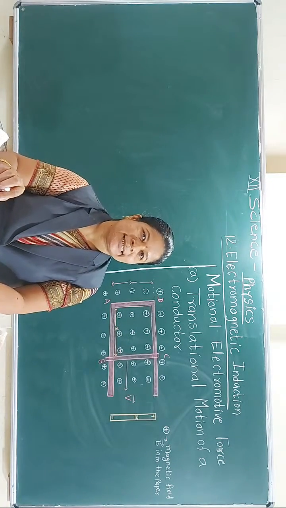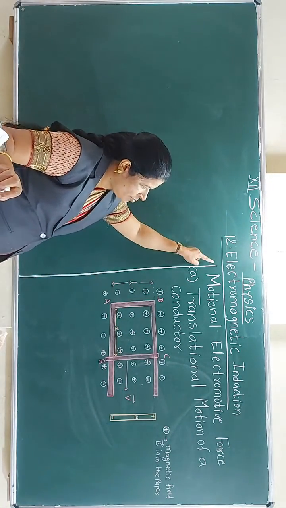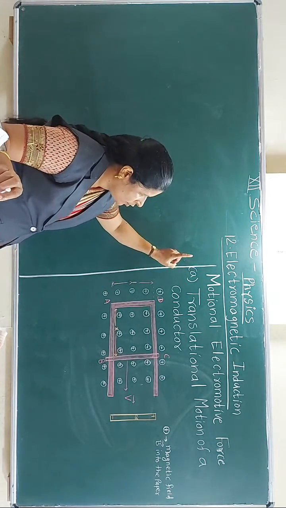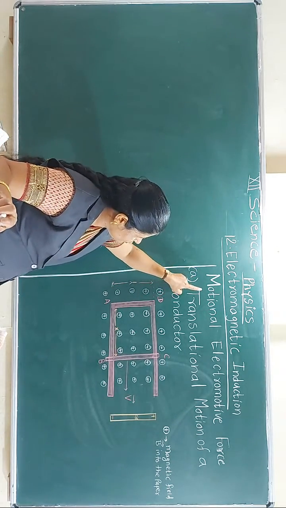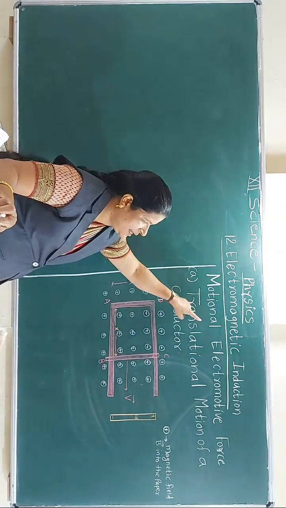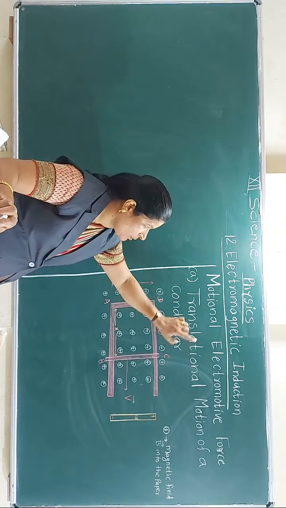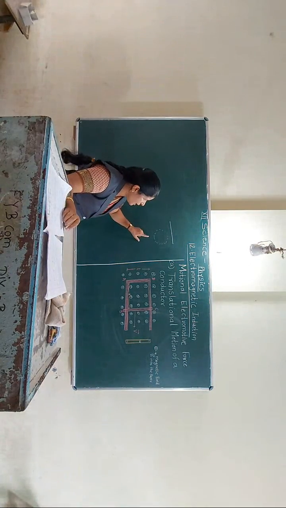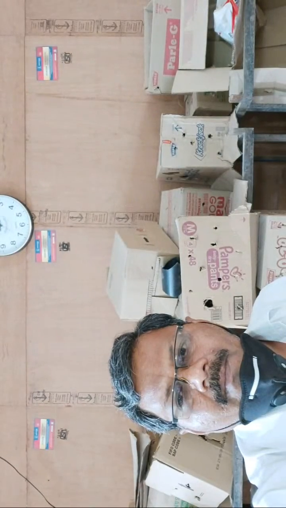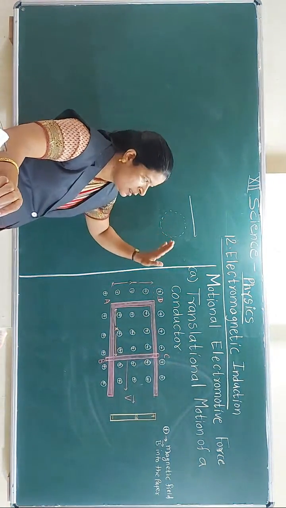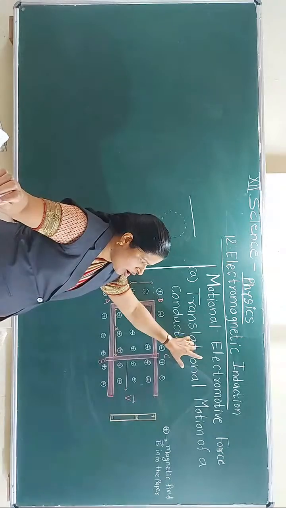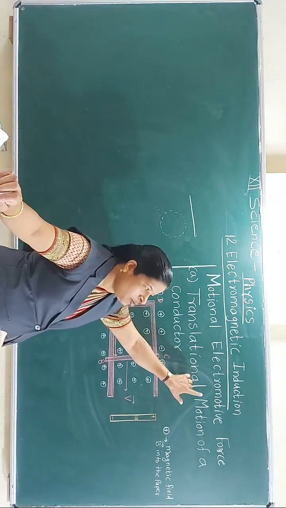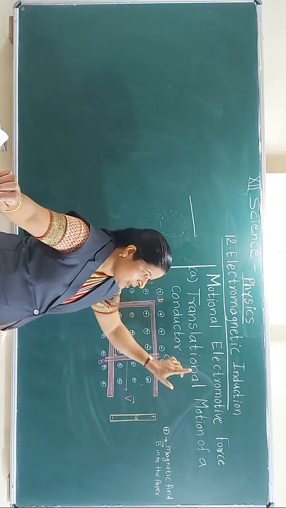Good morning, students. In electromagnetic induction, we are going to study today motional electromotive force. Motion, that means in circular motion, and in that motion we have to find out the magnitude of electromotive force, EMF.